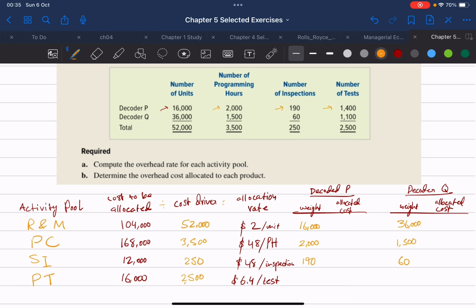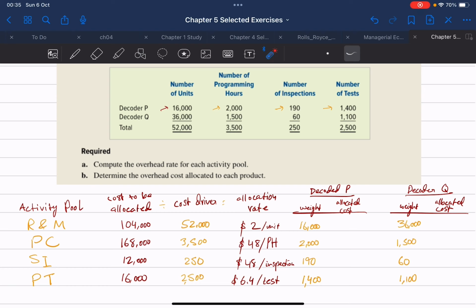Decoder P was responsible for 1,400 tests. So I'll write it right here. And decoder Q was responsible for 1,100 tests. All right. Now all we need to do is multiply the weight by the allocation rates for each activity pool.